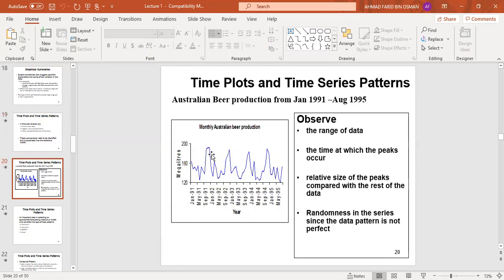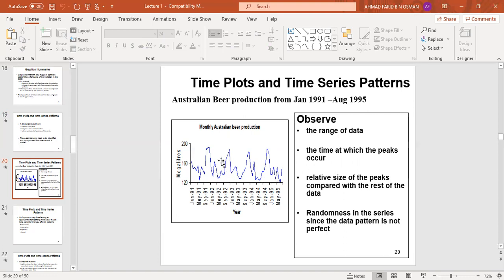So for this data, for example, observe the beer production. Observe the range of data, whether we have long enough, sufficient data to have a reliable conclusion regarding the systematic pattern. Also observe the time at which the peak occurs.